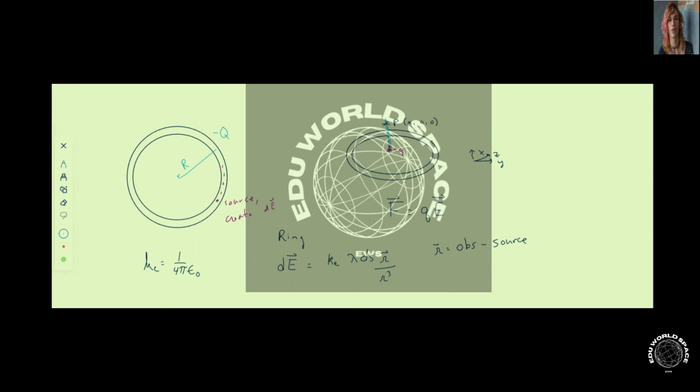Our observation position is along the x-axis. I'll just show it arbitrarily up there above the ring. And we call the axis x for axis. The source is lying in the YZ plane. So we'll write the coordinates down that way. And we can now write down what r vector is.